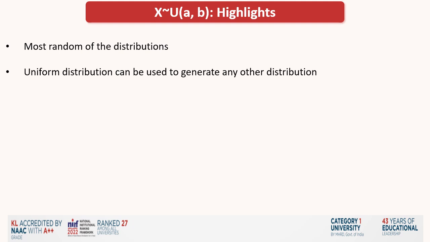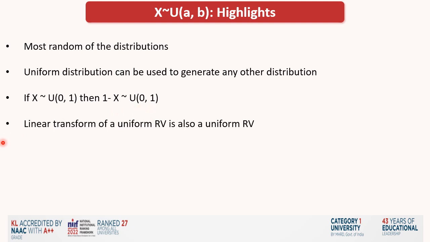If you take a random variable x which is uniformly distributed, then we can transform that to any other distribution that we may want. Another property: if x is uniform over the interval 0 to 1, then 1 minus x is also uniform over 0 to 1 by symmetry.